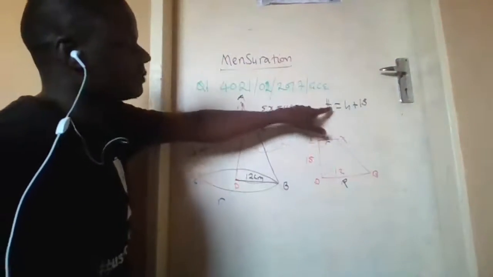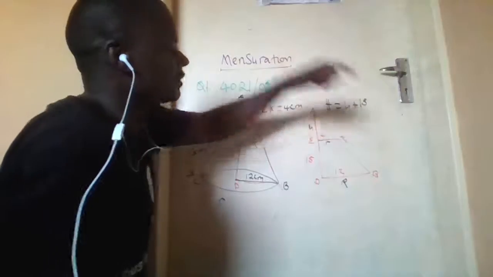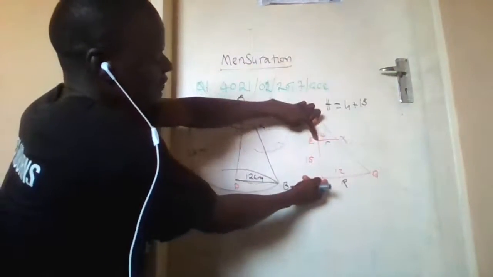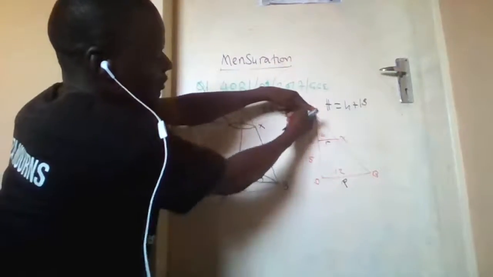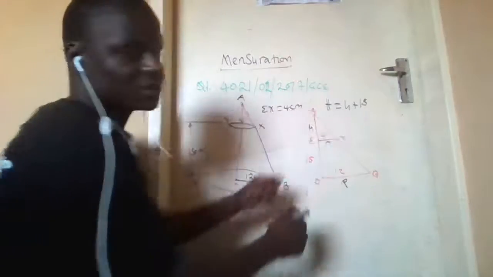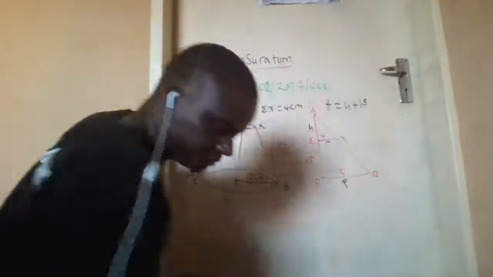So where there's a big H, we put h plus 15. Why? Because this is a small h for the cone that was removed, then this is 15 for the remaining part. So to find the total height, we add h plus 15. That's why I have indicated it like that.